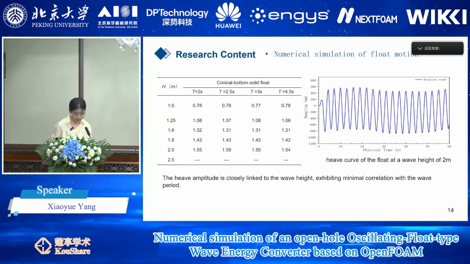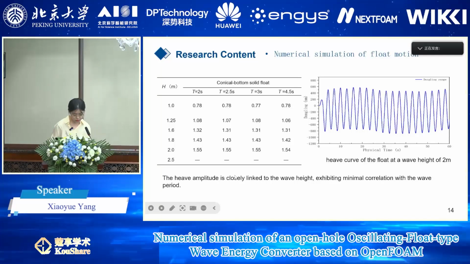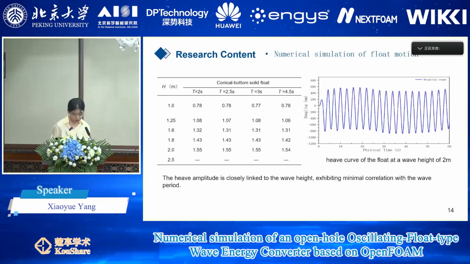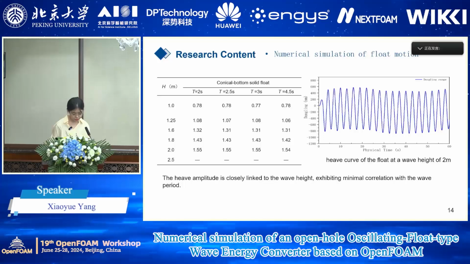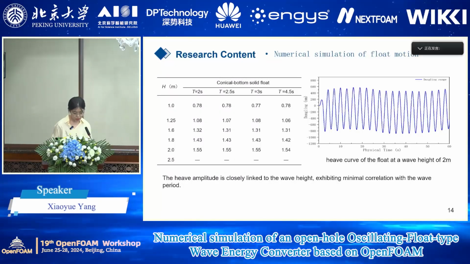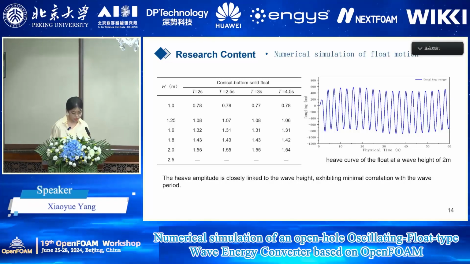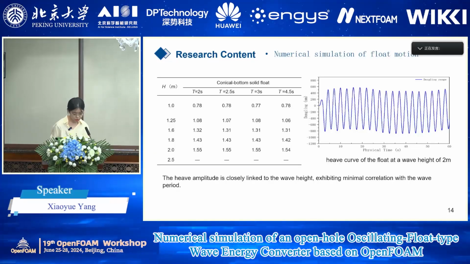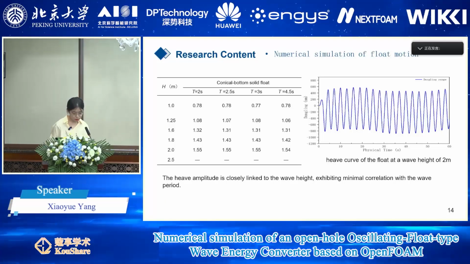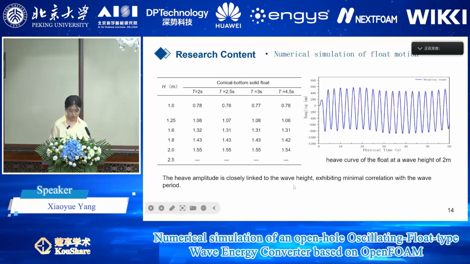When reaching a wave height of 2.5 meters, the float entered a critical state in which it was overturned and suffered damage. It means the float is unable to supply electrical energy to the power generation device. So a single float with no openings is limited to a maximum wave height of around 2.5 meters.